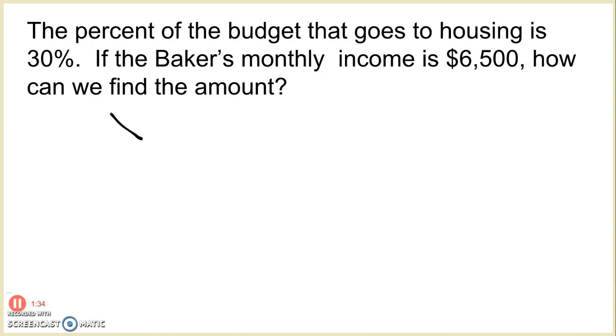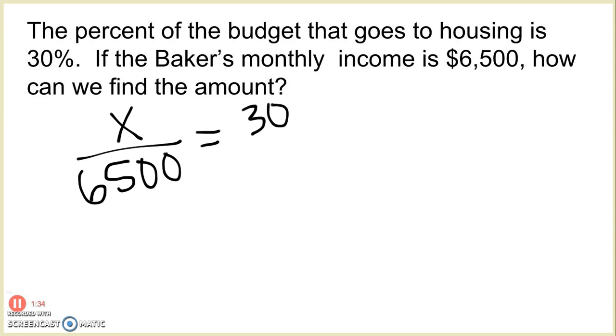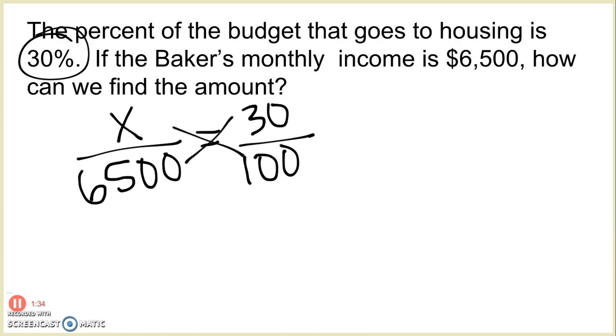So, we're going to put X over 6,500, because that is our whole. And for all of our questions here, 6,500 will be our whole. We're going to make that equal to 30% over 100, because they gave us the percent in the table. Let's go ahead and cross multiply. We're going to get 100x equals 195,000.